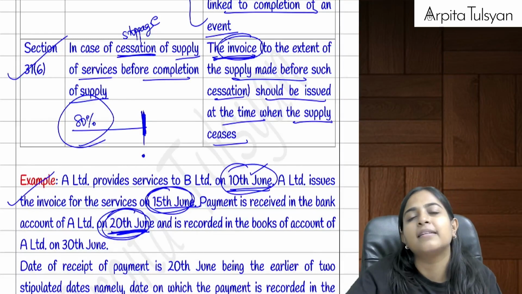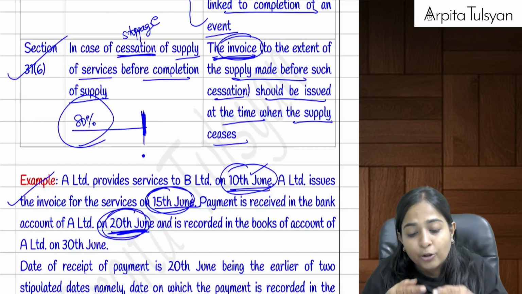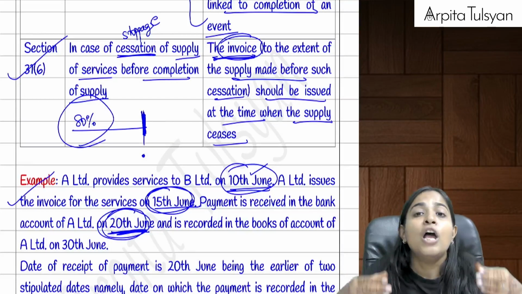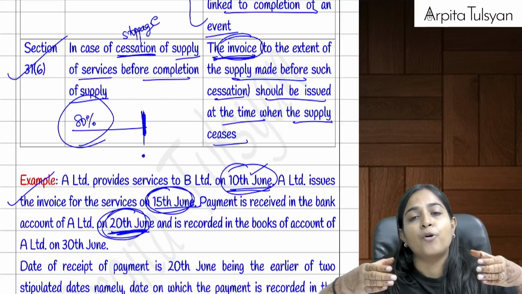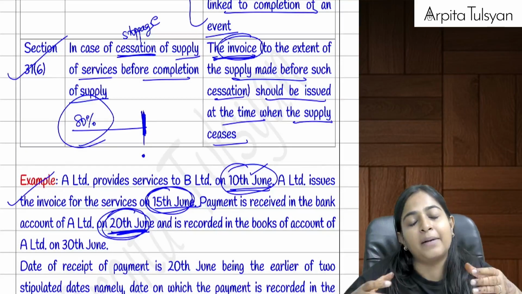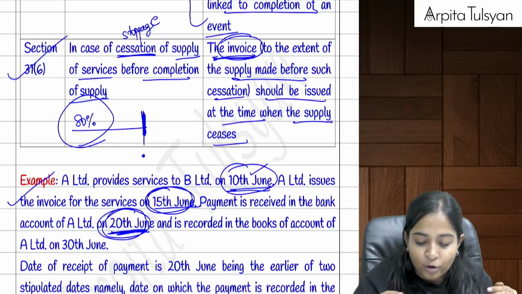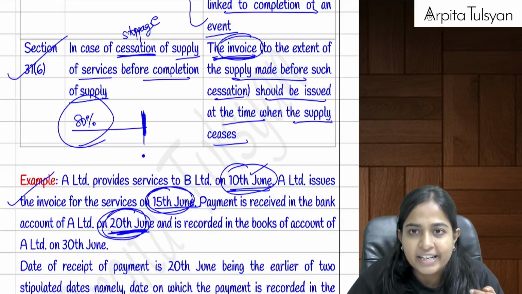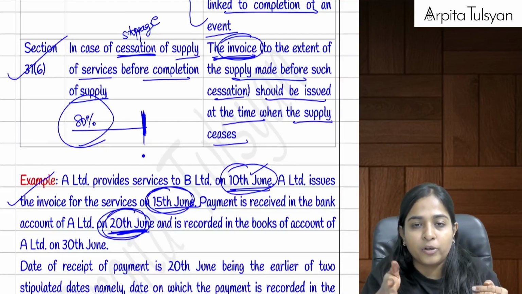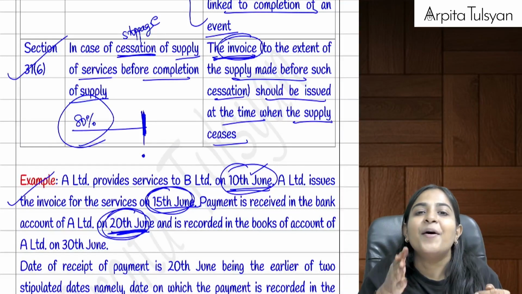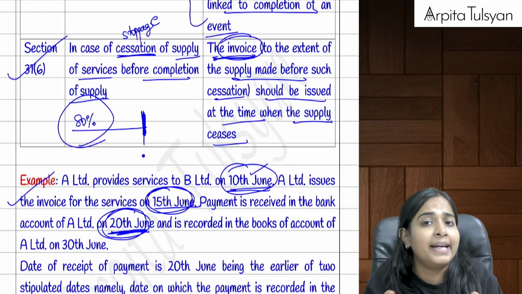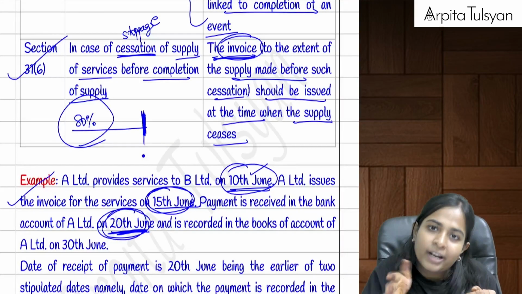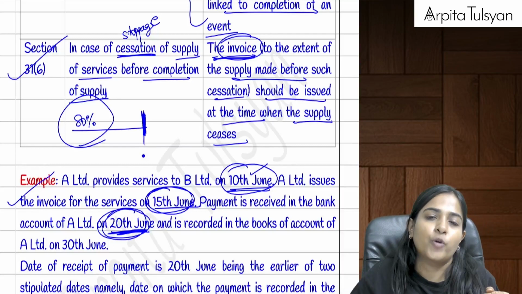The service stopped midway, cessation happened. Then whatever proportion of supply has been completed, that much proportion of the invoice should be issued at the time when the supply stops. Let's say today the supply has stopped, and until today 80% of the service has been supplied. So for 80%, the invoice should be issued today.